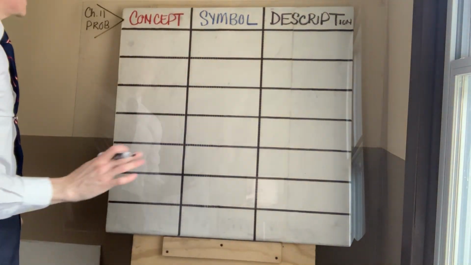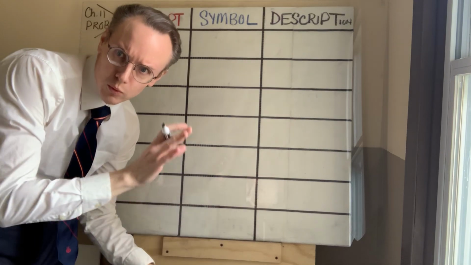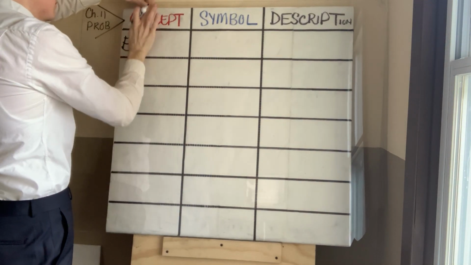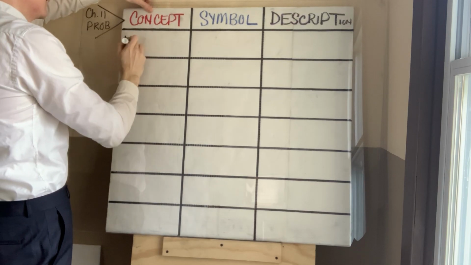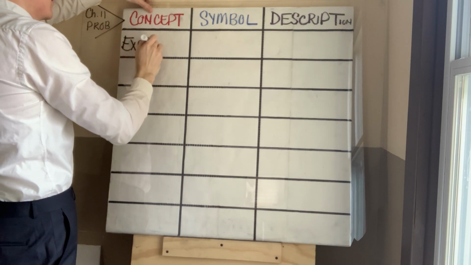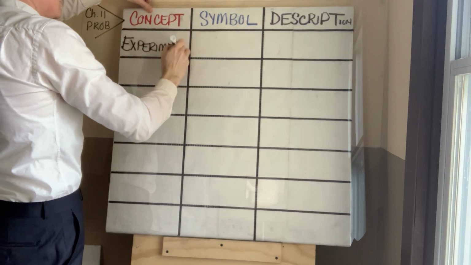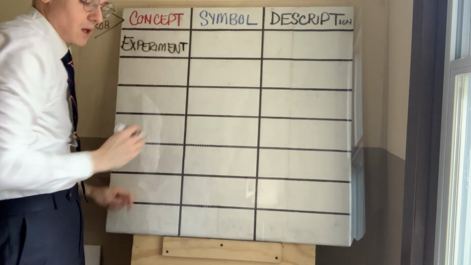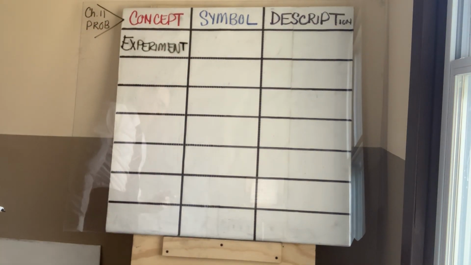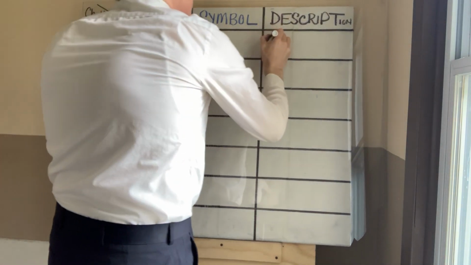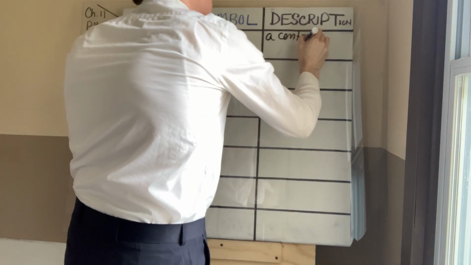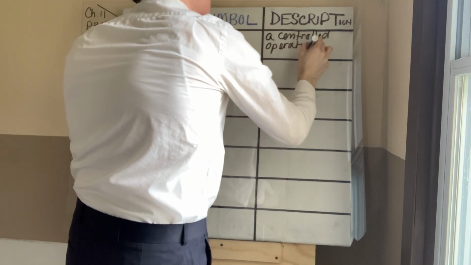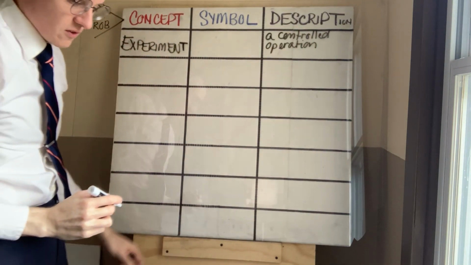In the concept of probability, you will hear the phrase experiment. Perhaps I should capitalize to make it a little bit easier to see. An experiment has no generalized symbol, but it's officially a controlled operation that yields a set of results.